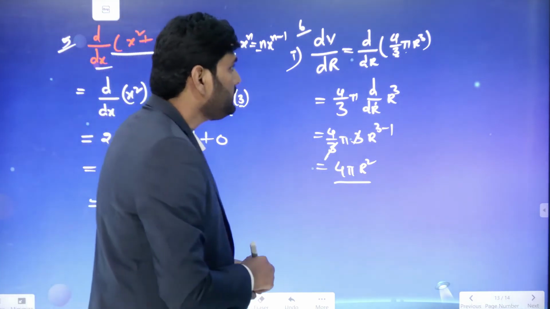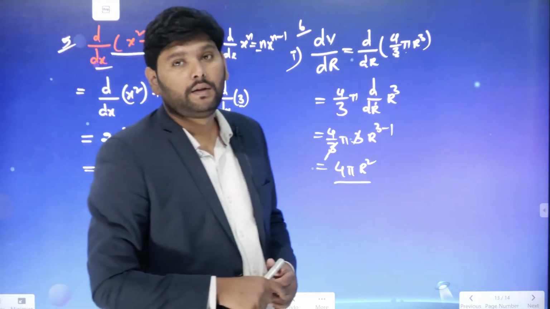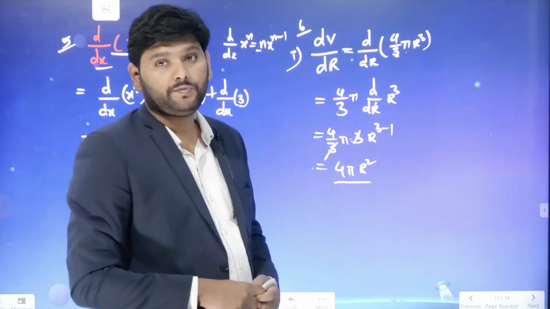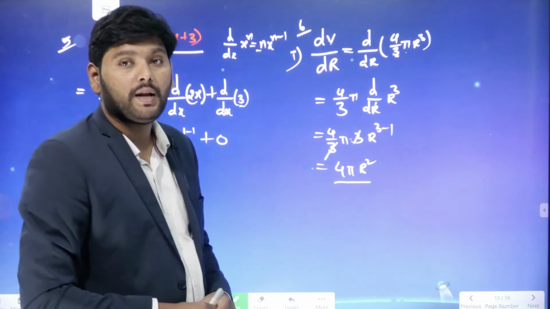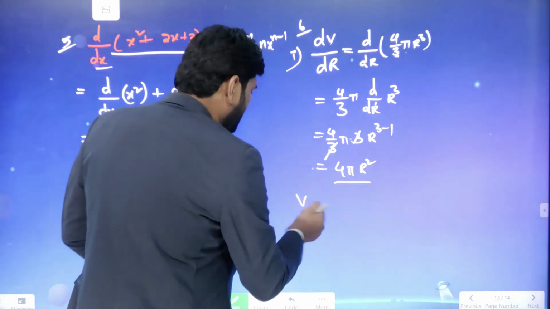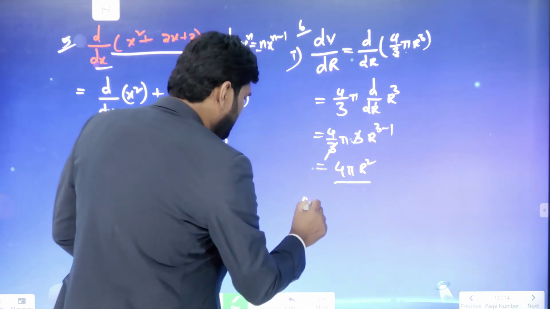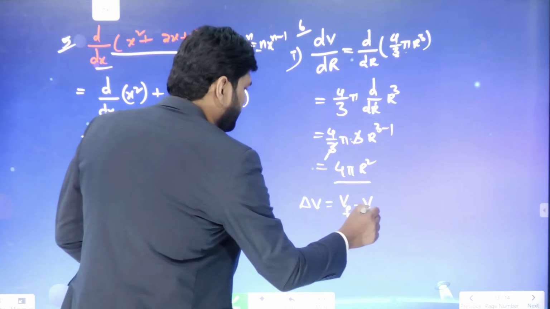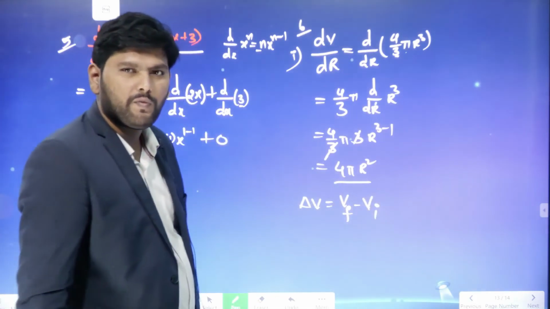Now they're asking what is the change in volume? How do you find the change? Delta V is equal to V final minus V initial. This is a simple formula.